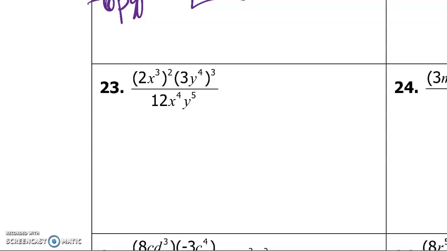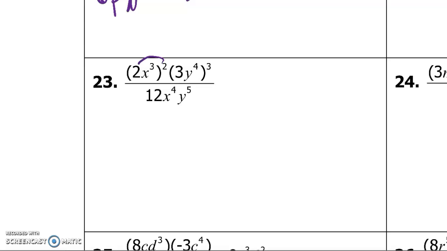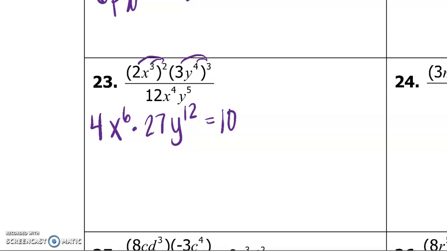For 23, now we do have exponents on the outside, so we need to deal with those first. So 2 squared is 4, x to the 6th, times, when there's nothing in between, that means times, 3 to the 3rd is 27, y to the 12th. So that becomes 108, x to the 6th, y to the 12th.